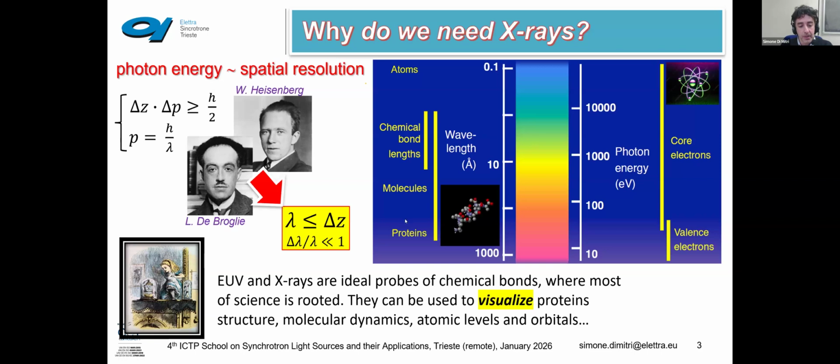In other words, EUV and X-rays are ideal probes of chemical bonds, where most of the science is rooted, and they help us in visualization, and this visualization should be intended in a wider sense, depending on the technique you are adopting in order to reconstruct the images or infer properties of your sample, to visualize proteins, molecular structures, atomic levels, and even orbitals, and so on.